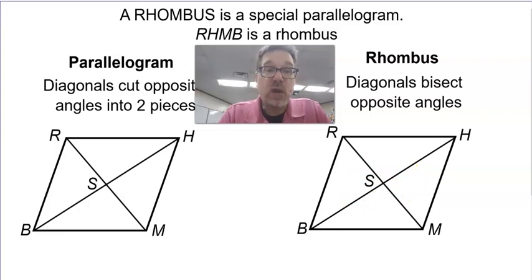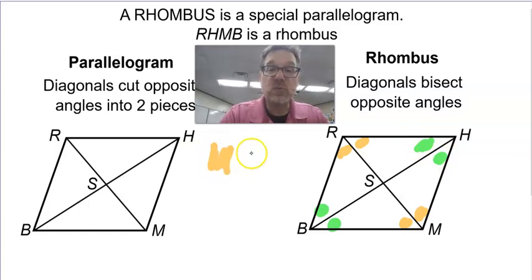Also, in a parallelogram, we are told that the diagonals cut opposite angles into two pieces. In a rhombus, it's going to be more specific. We are going to cut the angles into equal parts. So they were the same, and I cut them into equal parts, and then the same with these angles.